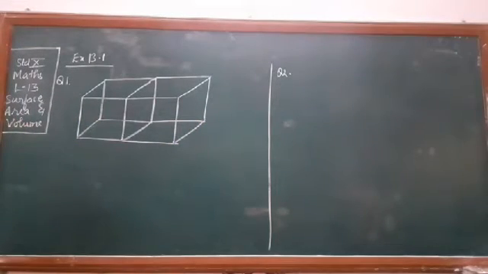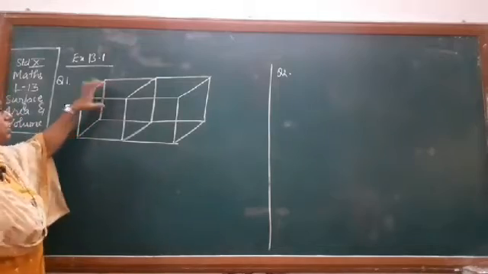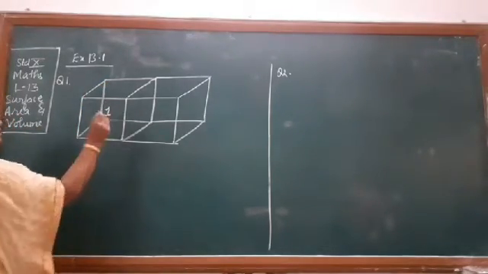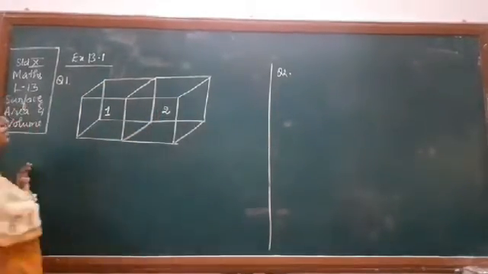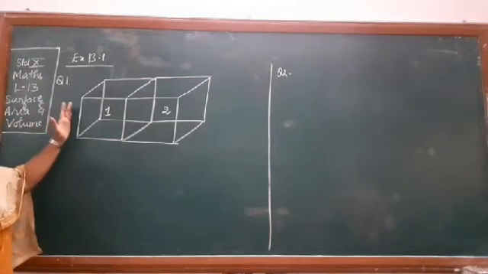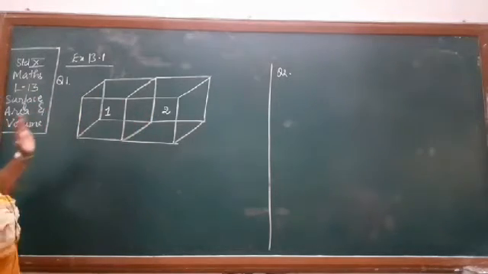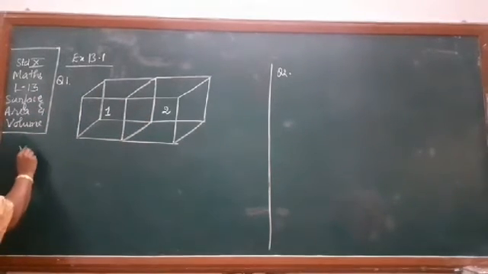Can you see the two cubes joined together? This is the first cube and this is the second cube. This cube is joined with the second cube.